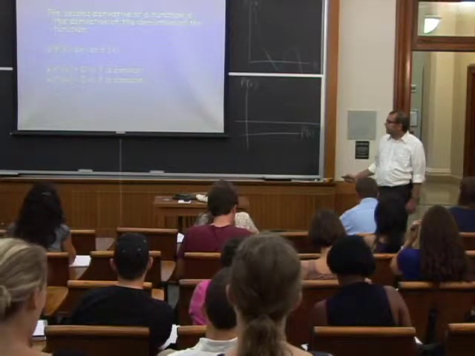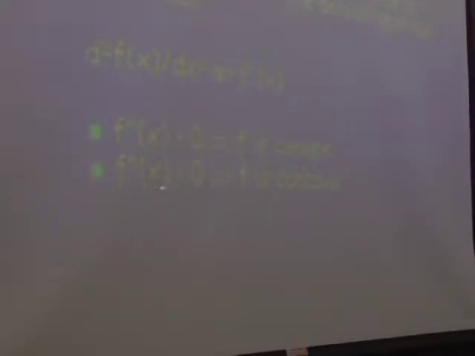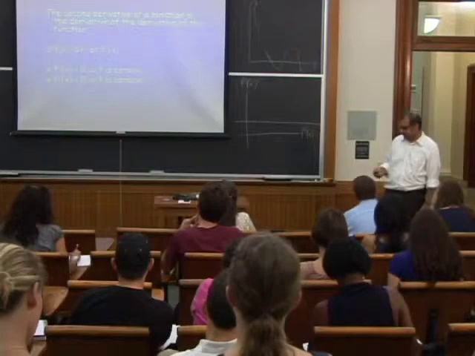I haven't yet shown you what convexity and concavity mean, but just keep in mind that by definition, for differentiable functions, if the second derivative is positive, then the function is convex. If the second derivative is negative, the function is concave. And you'll see what that means in a second.